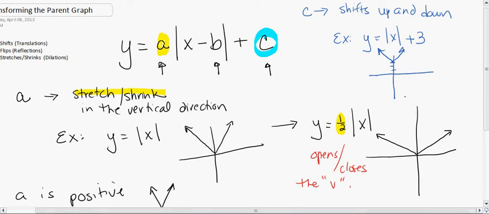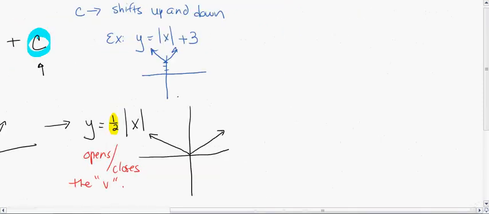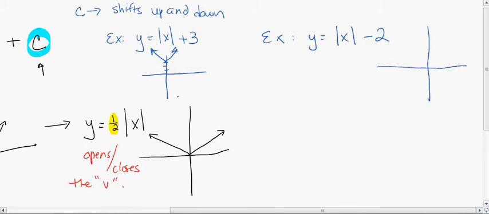And of course, if it's subtracting, here's another example. Y equals the absolute value of x minus 2. That's going to move my V down 2. So down 2 in the vertical direction.